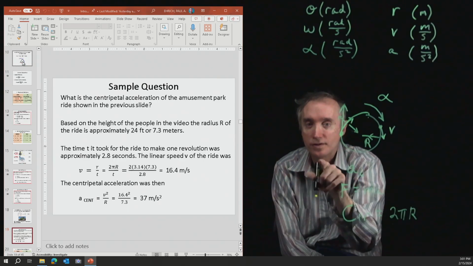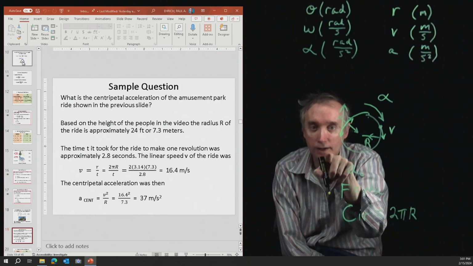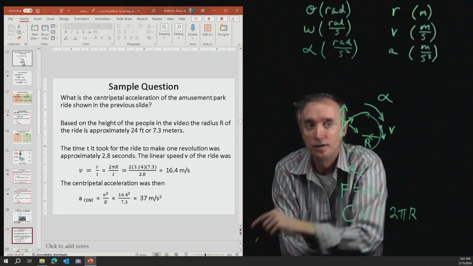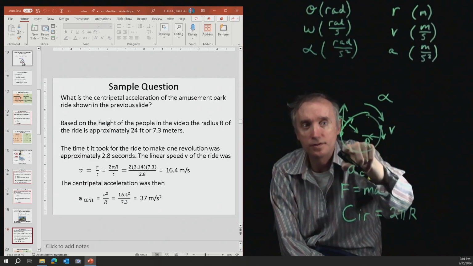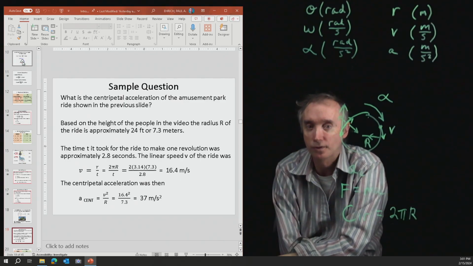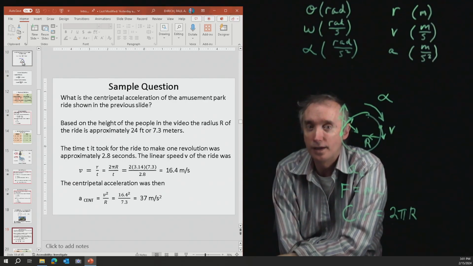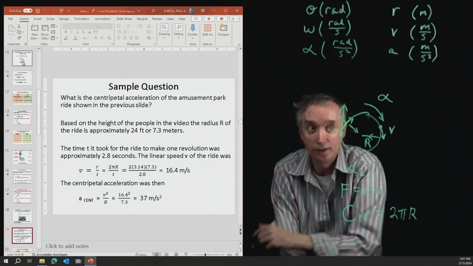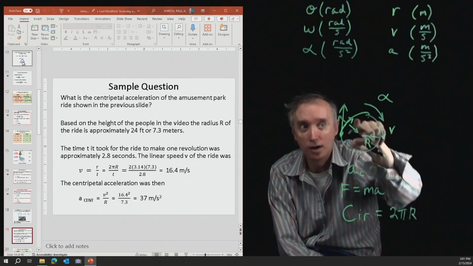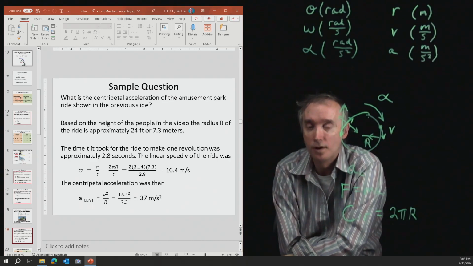That's why I put 2 pi capital R. That is the linear distance it goes around every time it makes a circle. The time was approximately 2.8 seconds, so now we know its speed. The linear speed of the ride is going to be 16.4 meters per second.